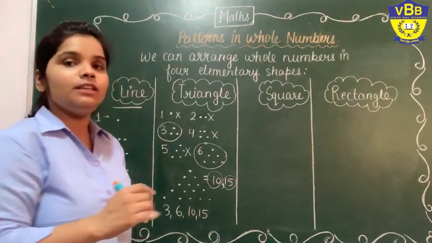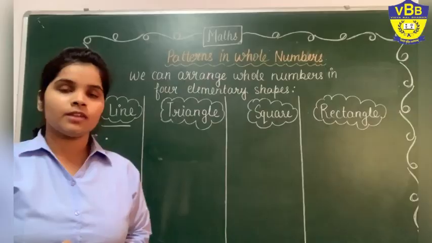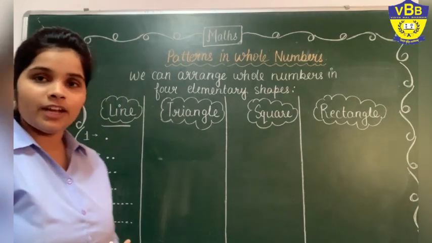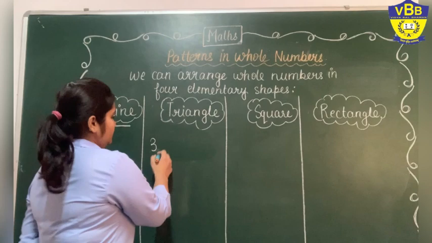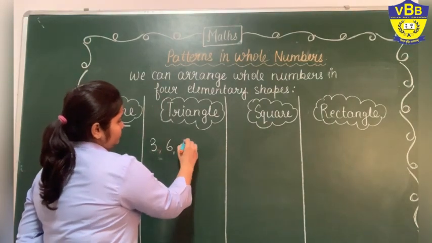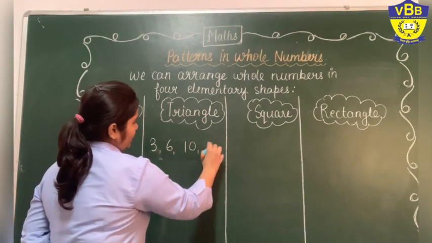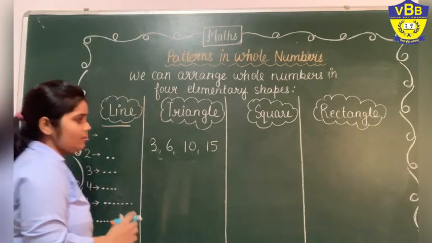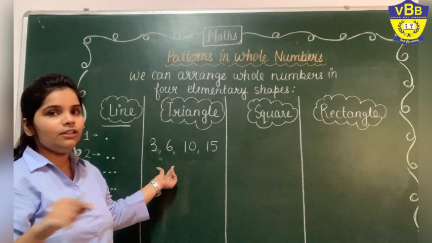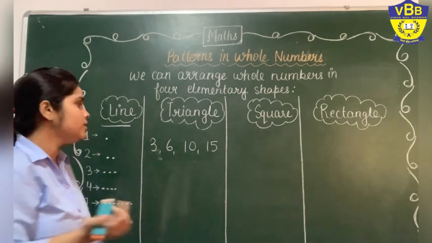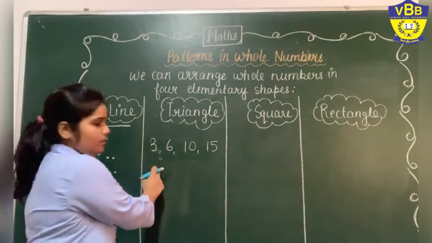Can you see the pattern in them? These numbers are whole numbers that can be arranged in a triangular form. So these are called triangular numbers.